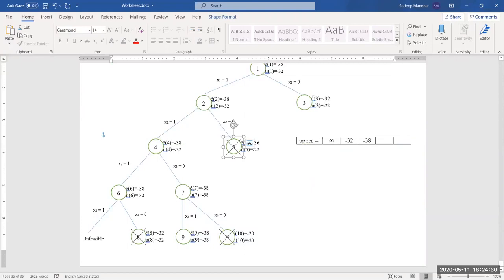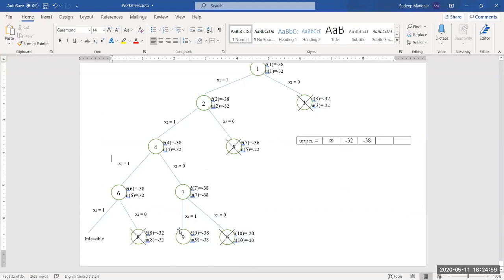Check it. The C cap of 3 is greater than upper. Minus 32 is greater than minus 38. It is also true. Kill node number 3 also. Next, there are no nodes left to kill. Only one live node is remaining.